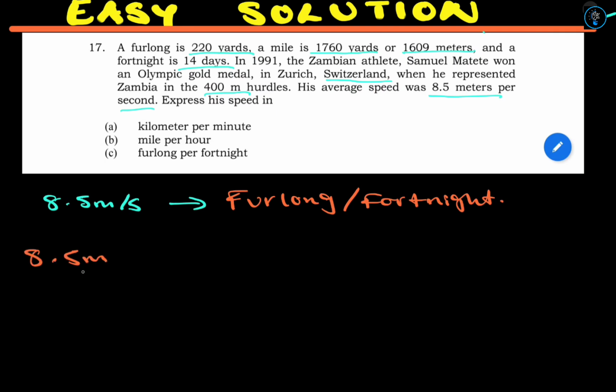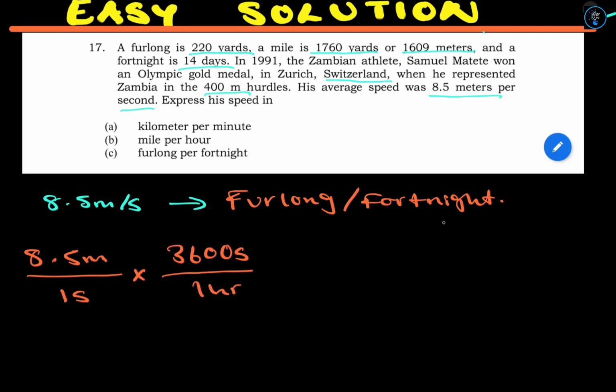So it's 8.5 meters per second. Let's begin by changing time. So we can change time to fortnight as follows. For time, we can begin by saying we have 3,600 seconds in 1 hour.